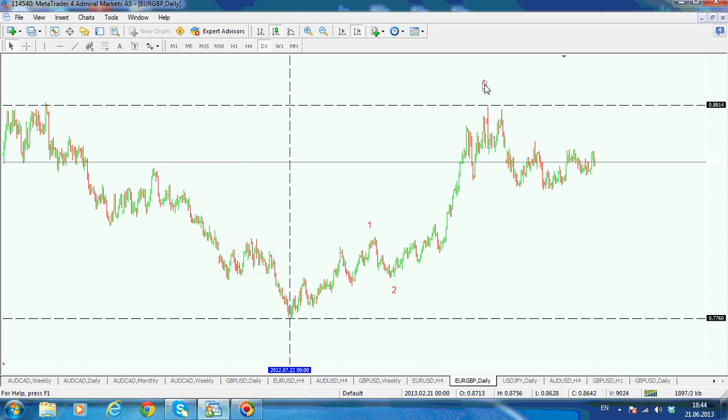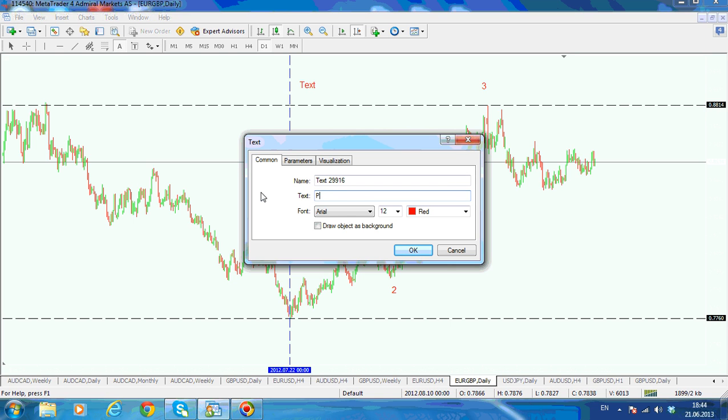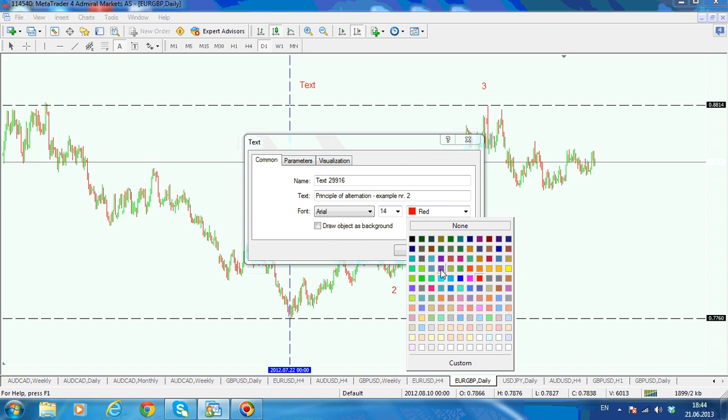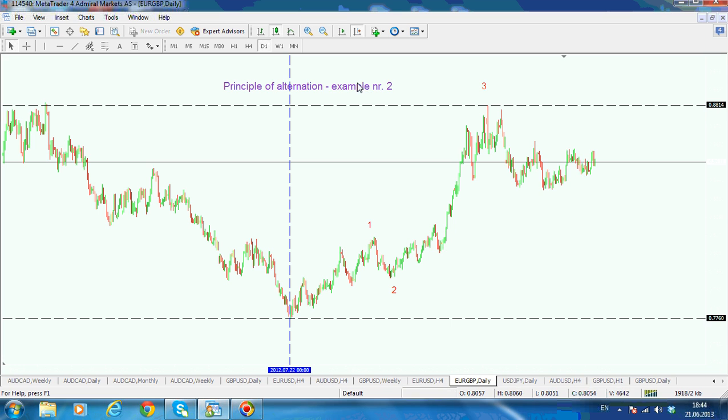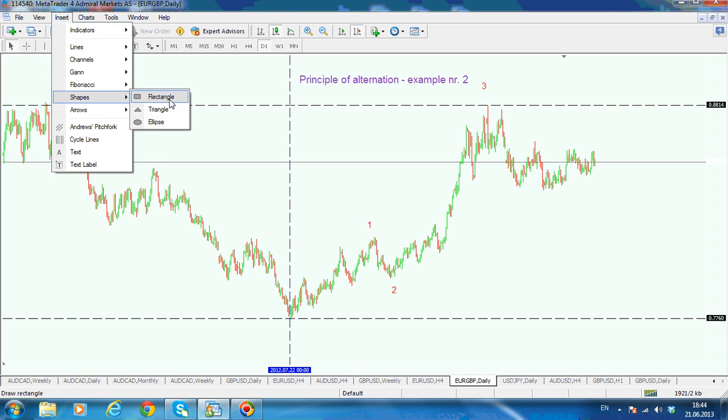Let's write here that this is the principle of alternation, example number 2. And let's put a shape on it.